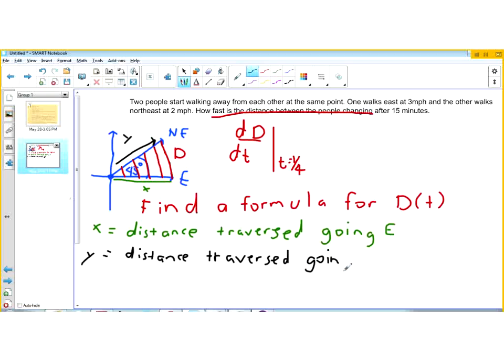Not to be confused with the y-axis, okay? Y is a distance now. This y is not the same as the y coordinate of a point. It's just the distance, as I've got labeled here.